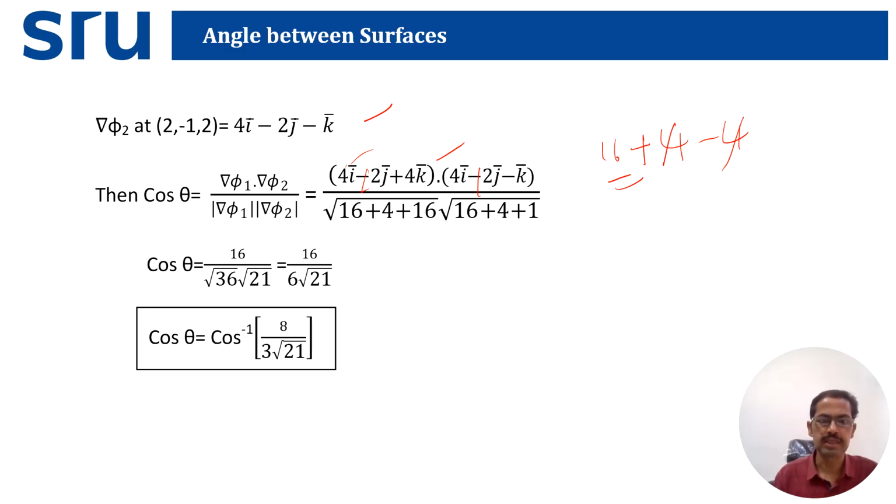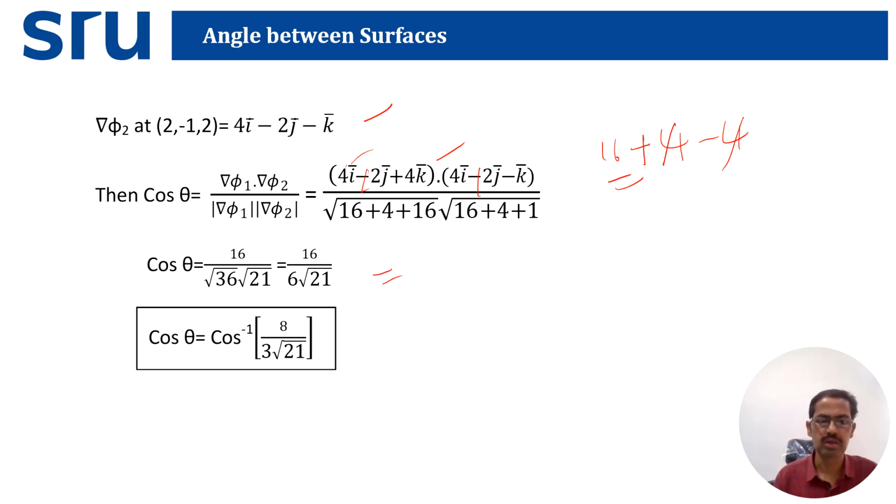And modulus of this: 4 square is 16, 2 square is 4, 4 square is 16, 2 square 4, 1 square is 1. So just simplify this: 32 plus 4 is 36, and this is 21. So 36 root is 6 and root 21.